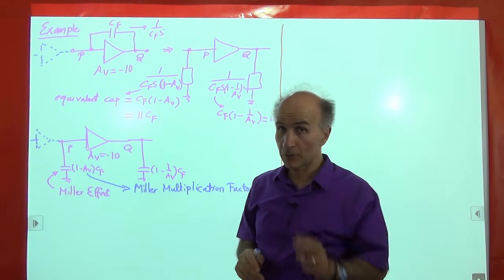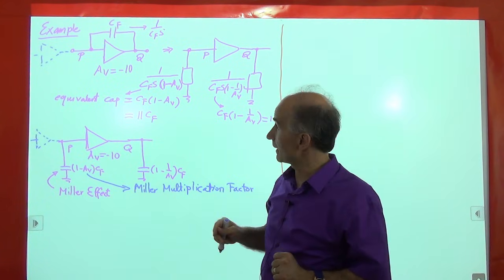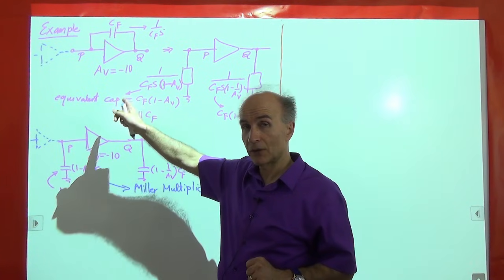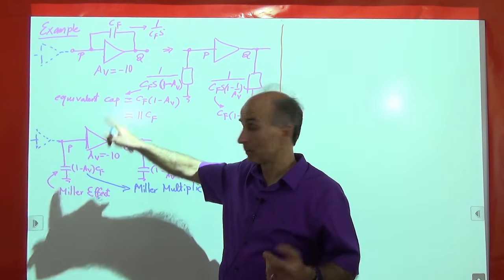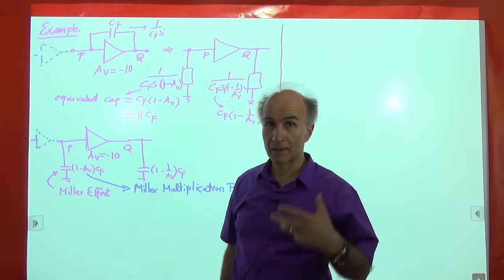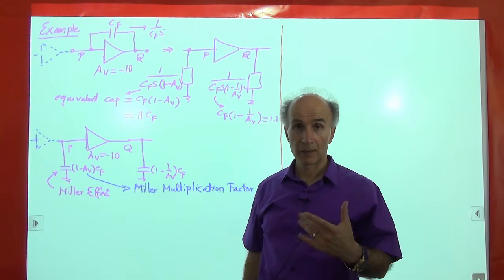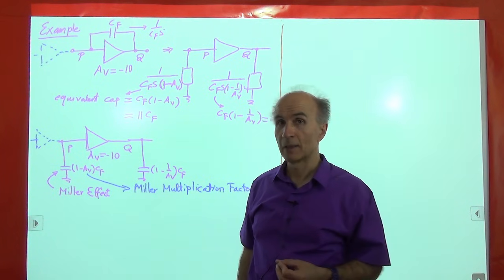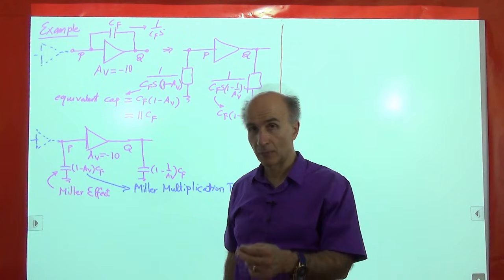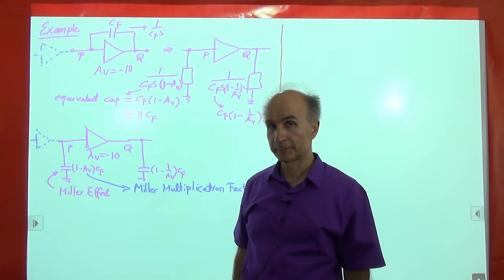Also, the second important result is that Miller tells us if you have a capacitor between the input and output of an inverting amplifier, it's bad because the input capacitance will be quite a bit larger. It experiences Miller multiplication. So we don't want to have a capacitor between the input and output of an inverting amplifier.